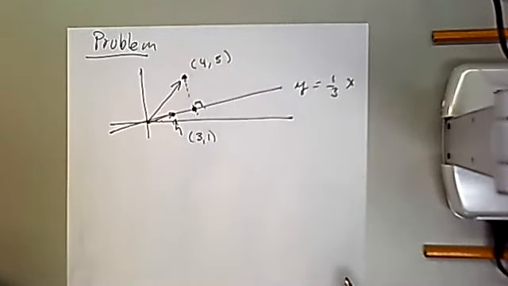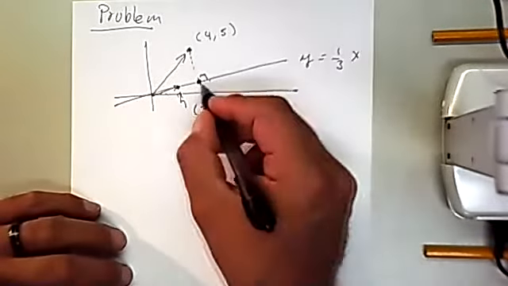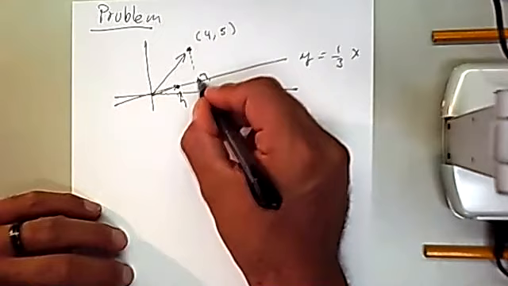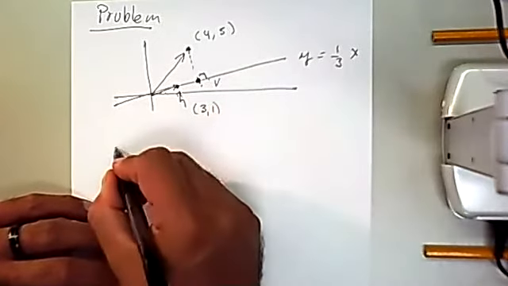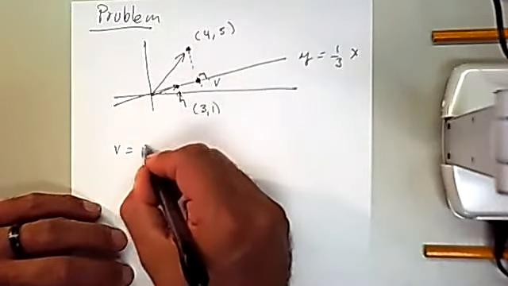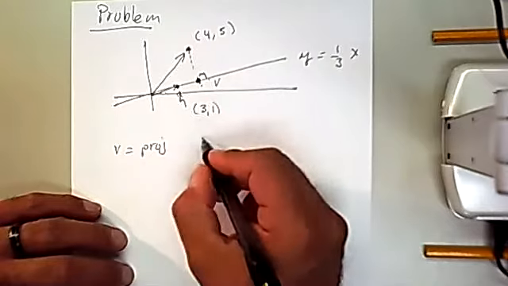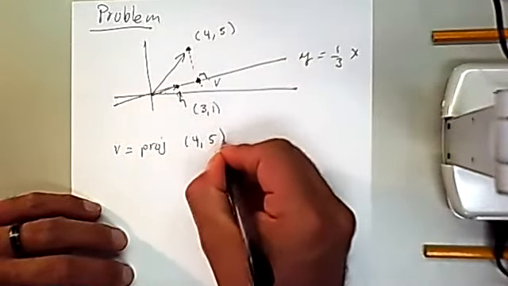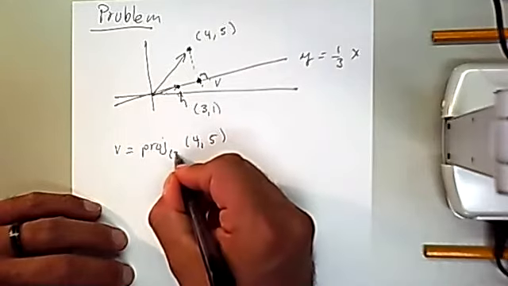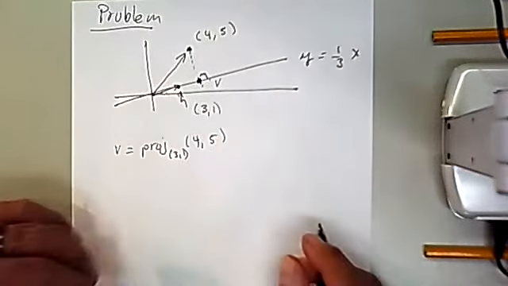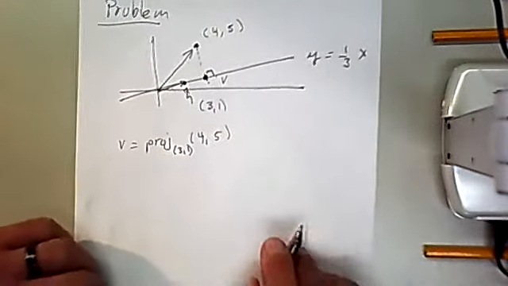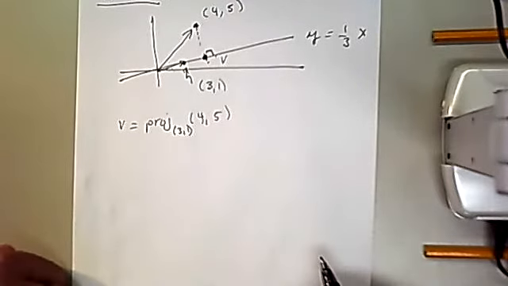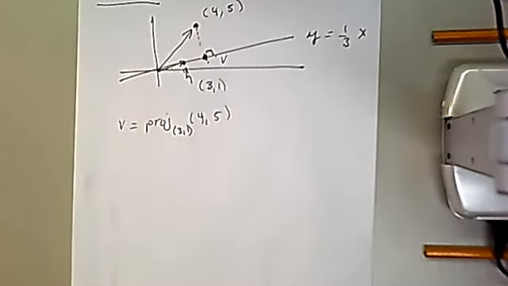So we can either use the formula or we can sort of think this through. Yeah, let's use the formula. So this vector here, let's call it V. V is going to be the projection of the vector (4, 5) onto the vector (3, 1). I didn't give them names because the vectors are showing up, and we can do this. So let me dig out the formula that I just wrote down here.